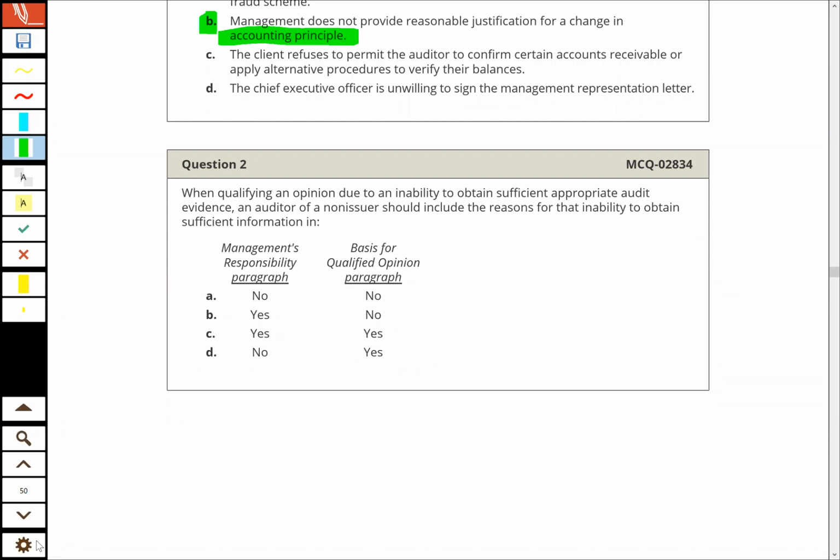An audit opinion of this kind should include the reasons, and nobody liked A.